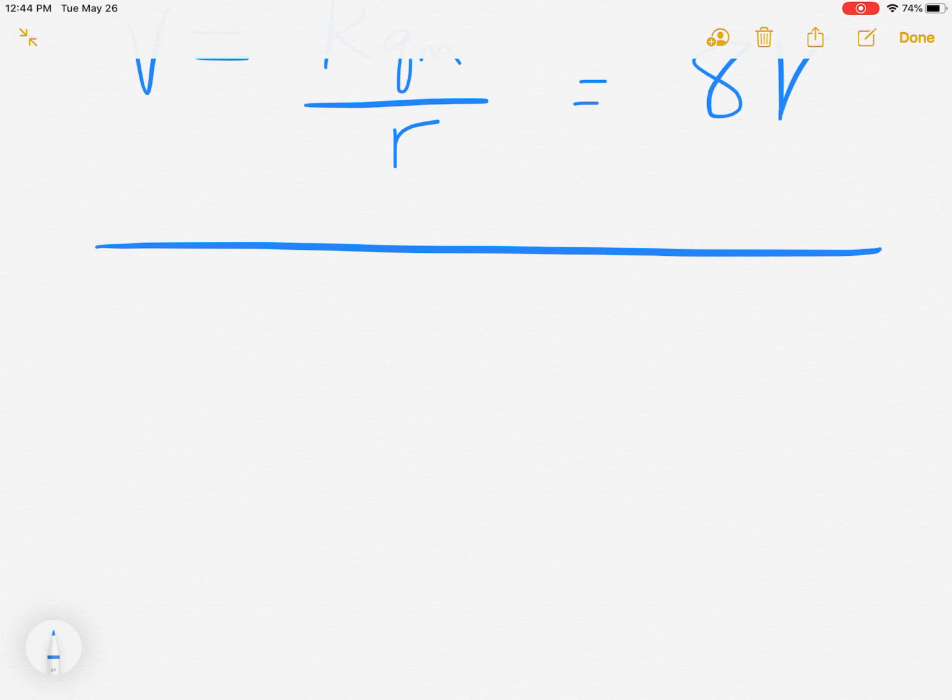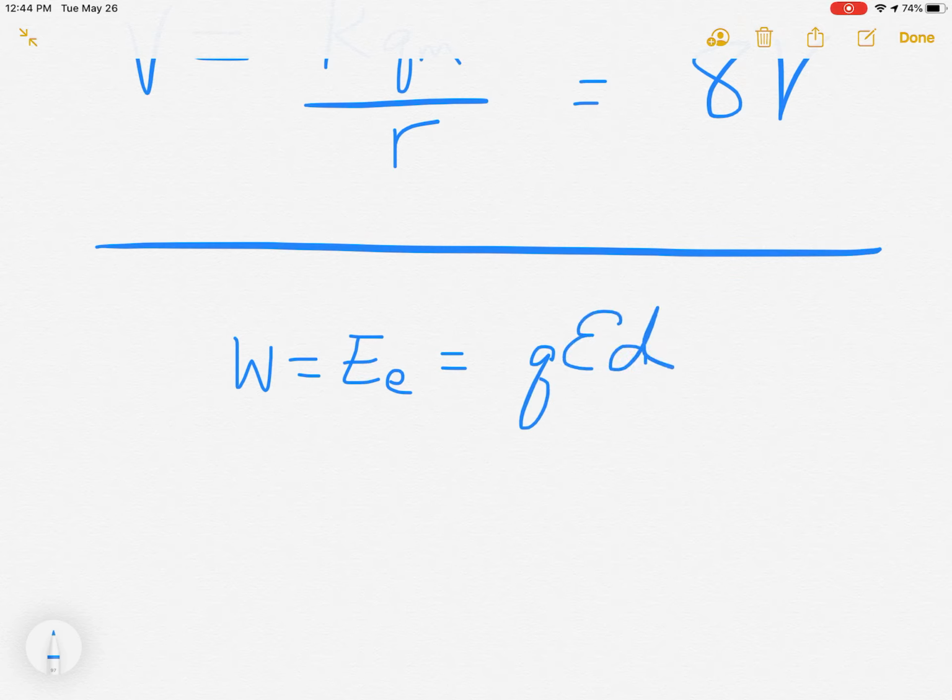Okay, one more thing with voltage. You'll recall that with parallel plates, we could set up a situation where work, or electrical energy, same thing, change in energy, is equal to QED. And D is how far apart the plates are, or basically how far you would move.